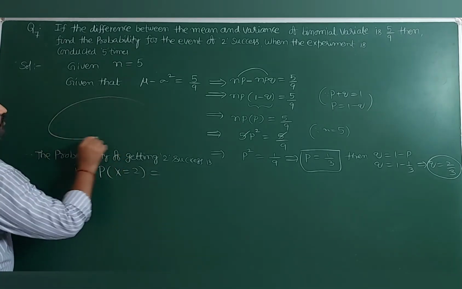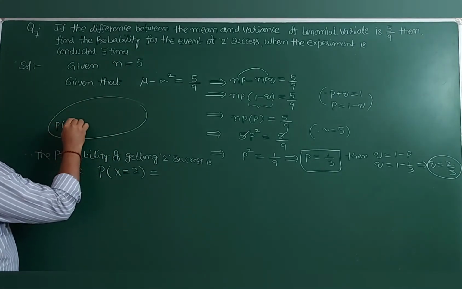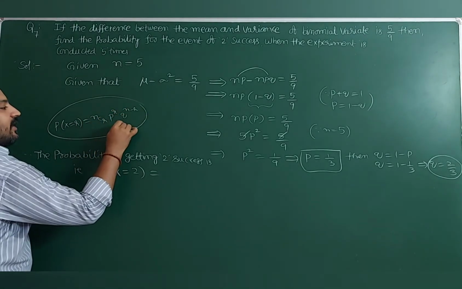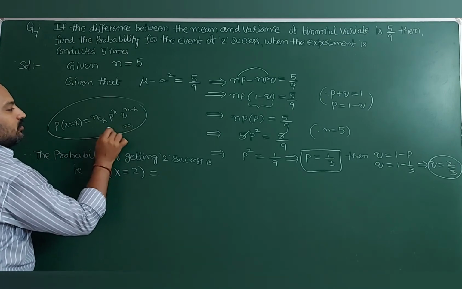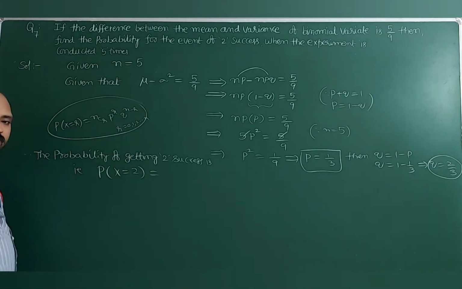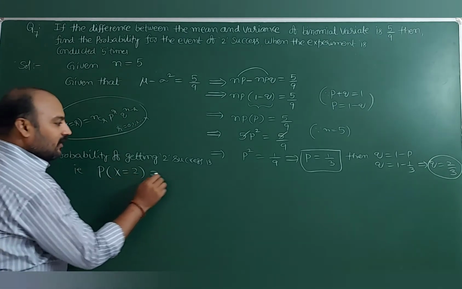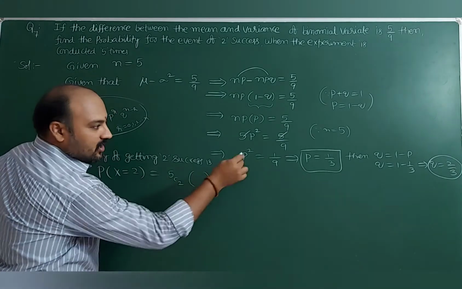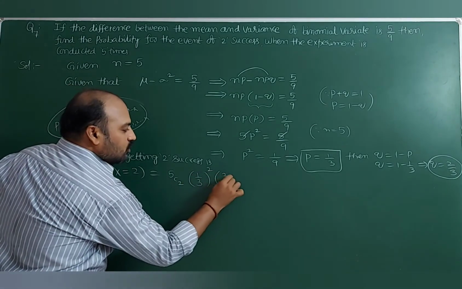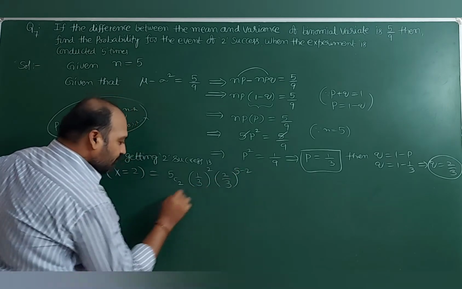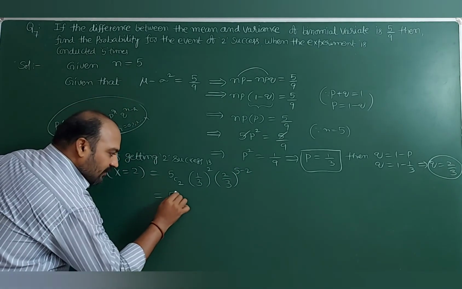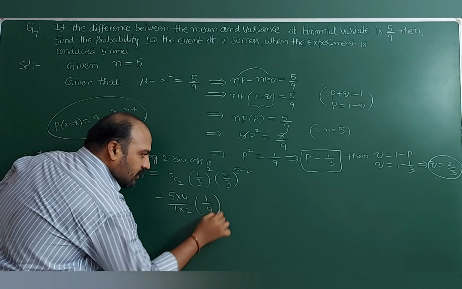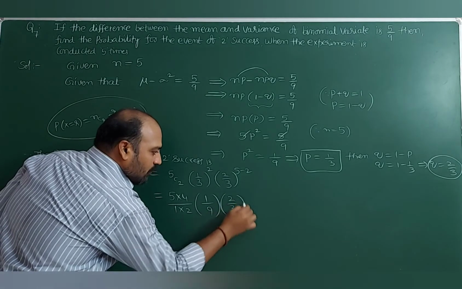So we know that P of x is equal to r from the binomial distribution is nCr p power r q power n minus r, where r is equal to 0, 1, 2, 3 and so on up to n. So r is equal to 2 here, n is equal to 5. So 5C2 into 1 by 3 whole power 2, into 2 by 3 whole power 5 minus 2. So 5C2, that is 5 into 4 divided by 1 into 2. 1 by 3 whole square is 1 by 9. So 2 by 3 whole power 3.